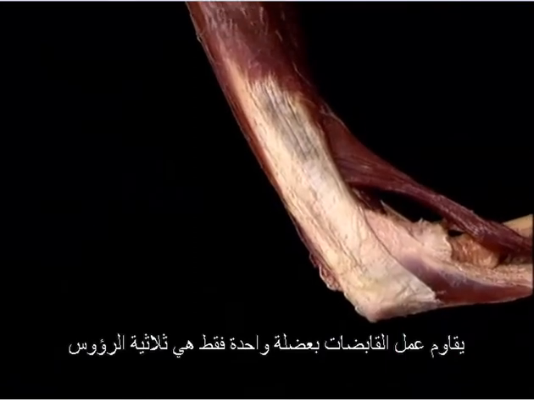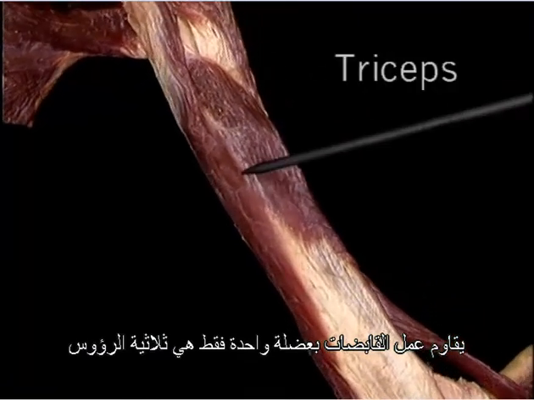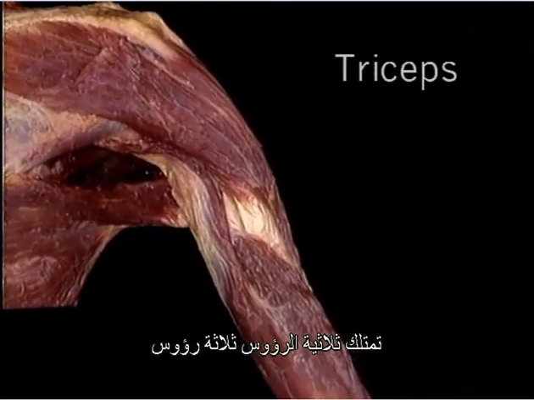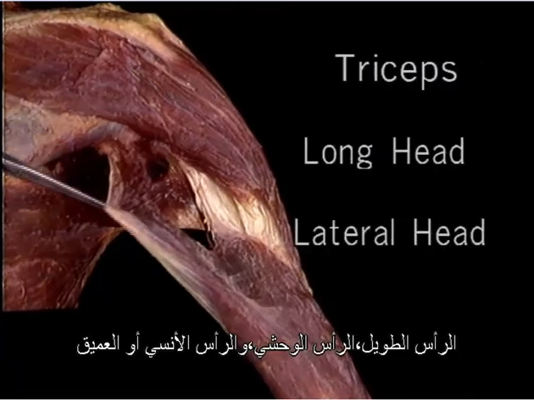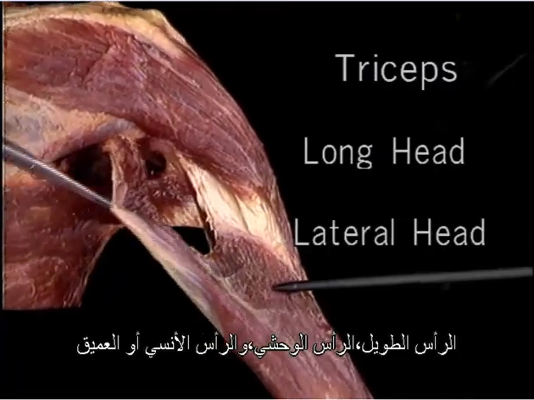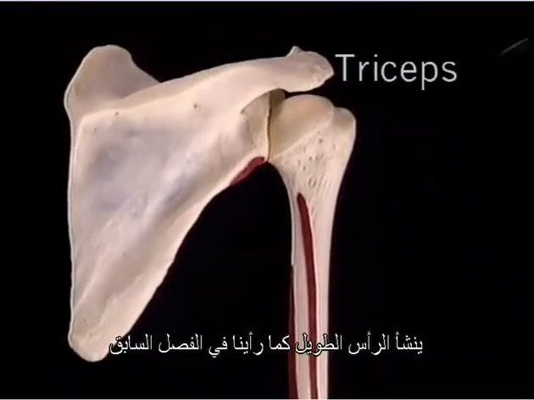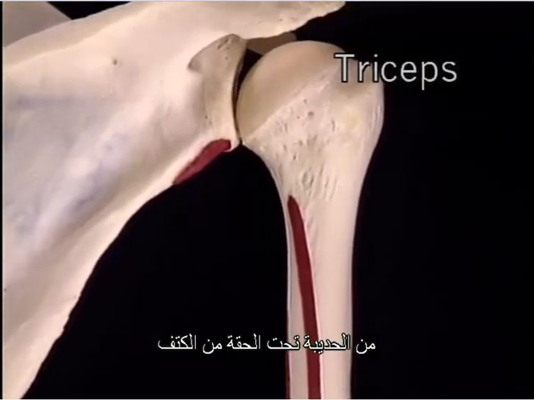The action of the flexors is opposed by just one extensor muscle, the triceps. The triceps muscle has three heads: a long head, a lateral head, and a medial or deep head. The long head arises, as we saw in the last section, from the infraglenoid tubercle of the scapula.